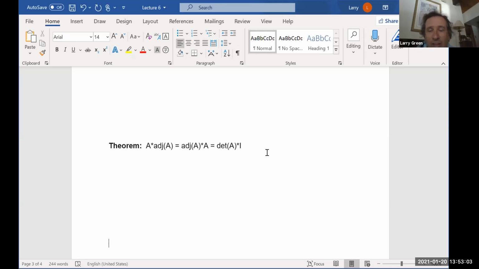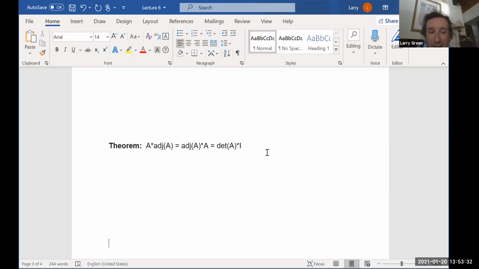Okay, it turns out there's a corollary to the theorem that's even more important than the theorem itself. And that is, what happens if you divide by the determinant of A on both sides? Or all three sides if you want. What do we get on the right? Wouldn't it just be I?